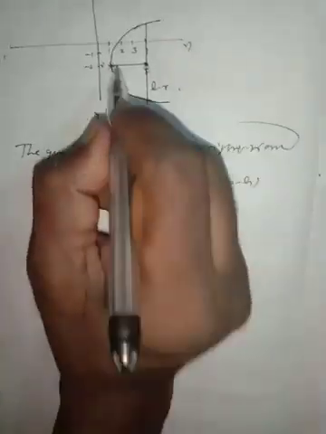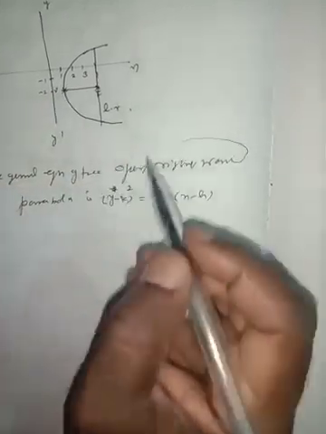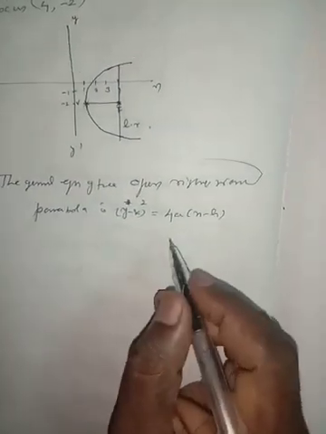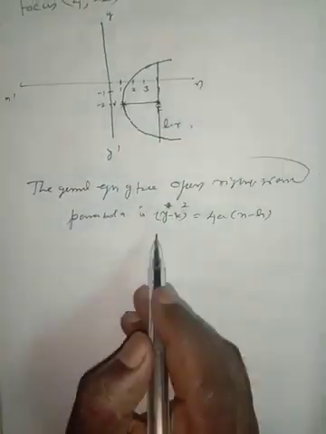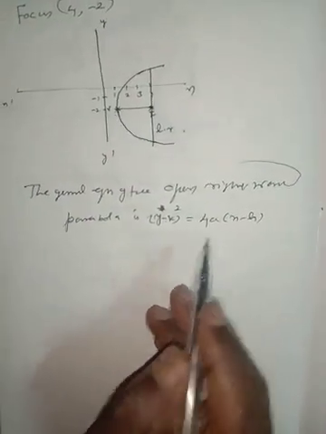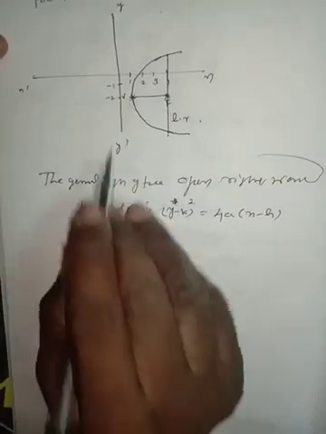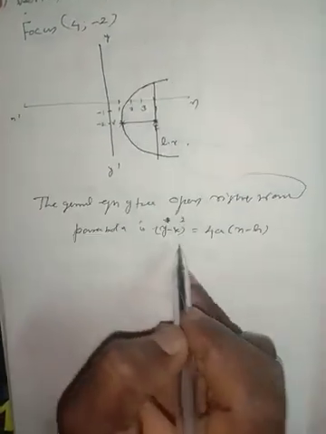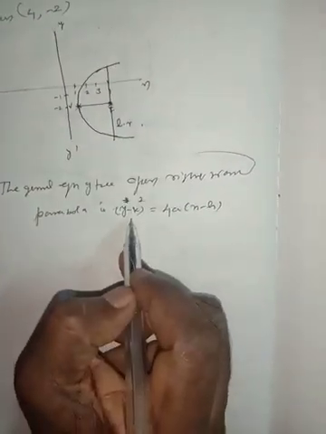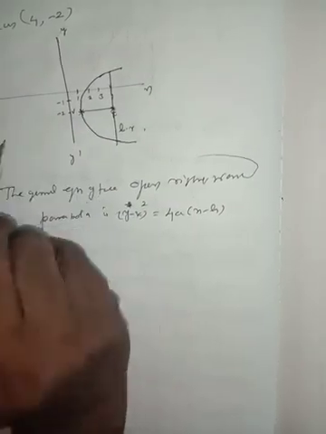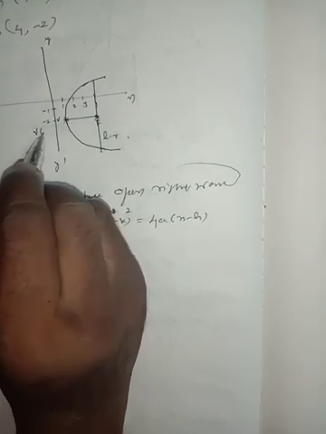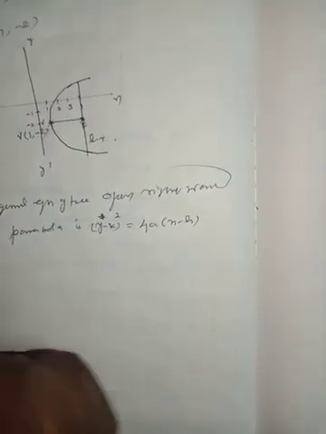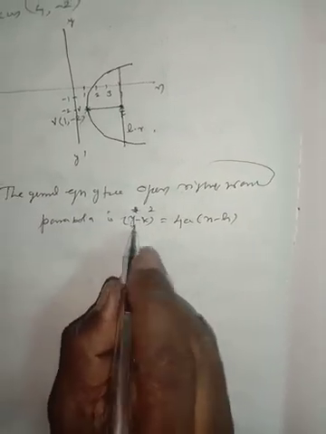In this case, the vertex is (1, minus 2). So the vertex is (1, minus 2), and the focus is this. So a is... first apply h and k. We have h is 1, and this point is the vertex (1, minus 2). So apply h and k.